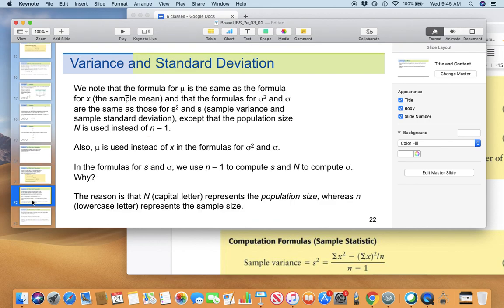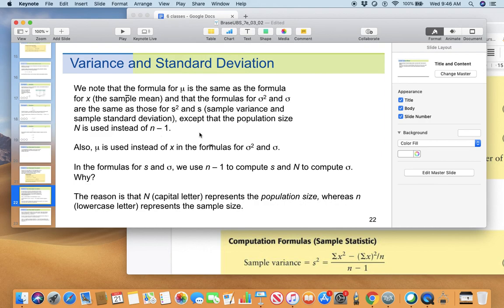All right. Note, formula for mu, that is the mean, is same as the formula for x bar. Okay, there should be a bar here. That bar has moved there, x bar. And that the formulas for variance and deviation, this is variance and this is deviation, are the same as those for s squared and s, except that the population size is capital N instead of little n minus 1.